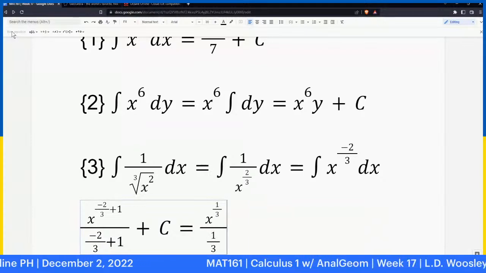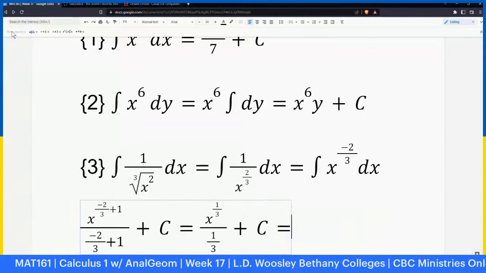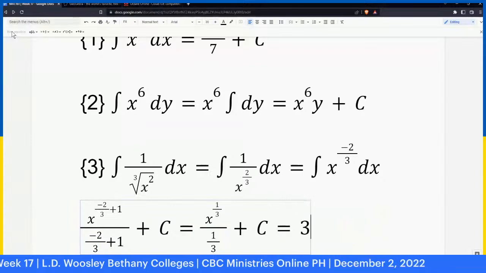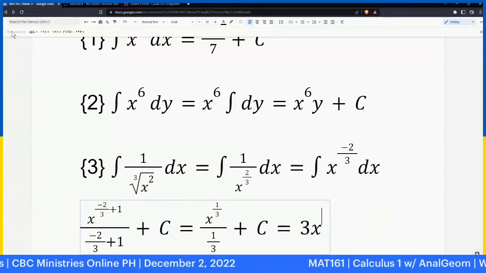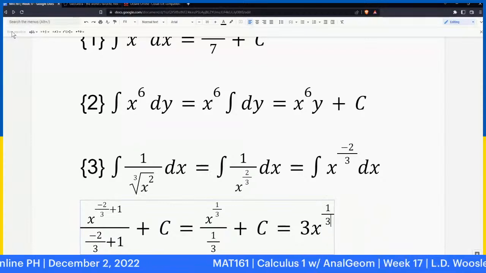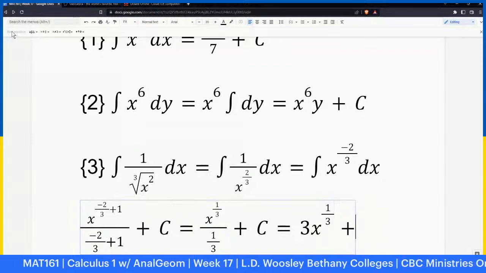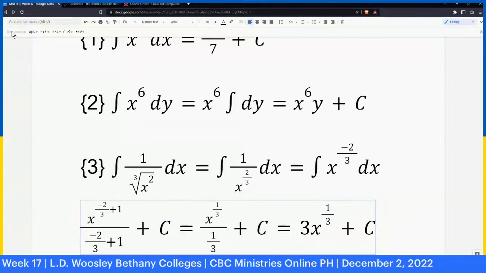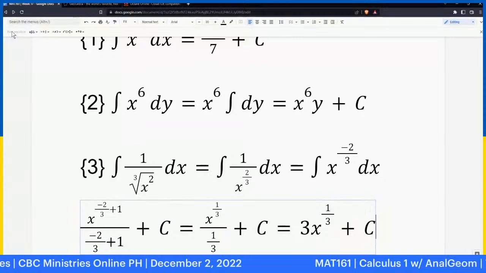Okay, plus c, which is equal to, of course, pwede mong iakyat yung 3, tama? Magiging 3x raised to 1/3 plus c. Or pwede mo siyang ibalik sa radical. It could be 3 cube root of x plus c.